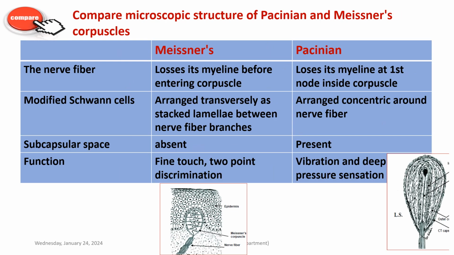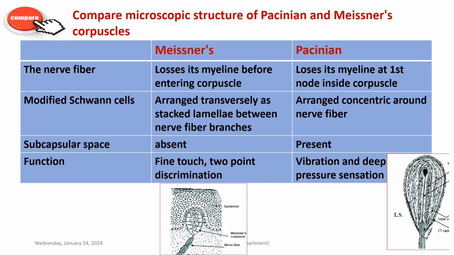As regards the other points of comparison between Pacinian and Meissner, the nerve fiber. What about the nerve fiber in Meissner corpuscle? I have mentioned that it loses its myelin sheath before entering the corpuscle. But the Pacinian corpuscle loses its myelin at the first node of Ranvier, which is present inside the corpuscle.